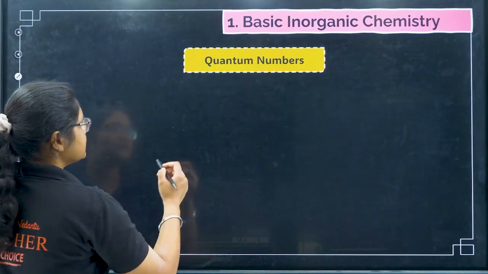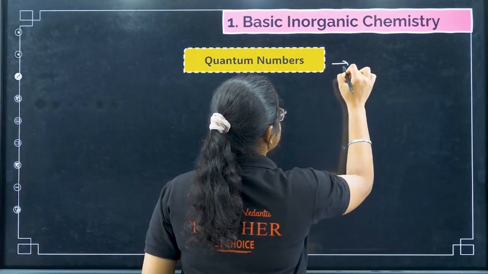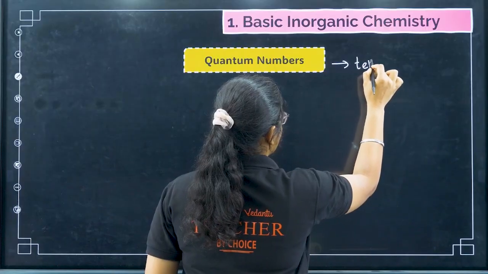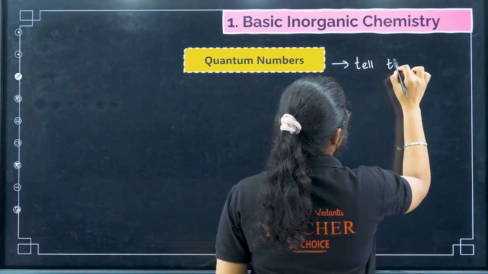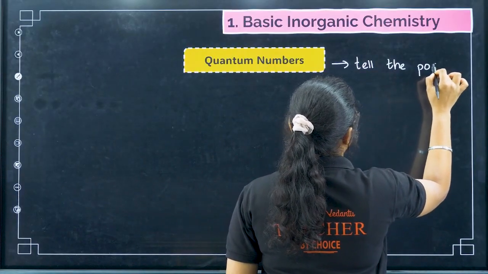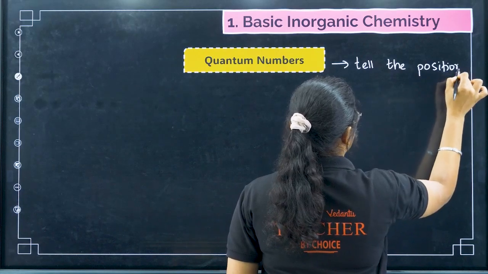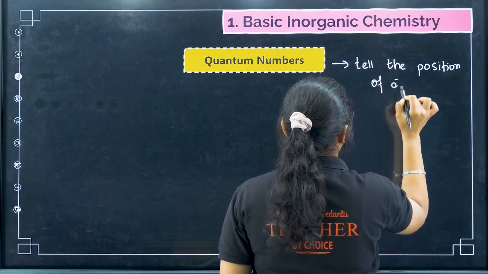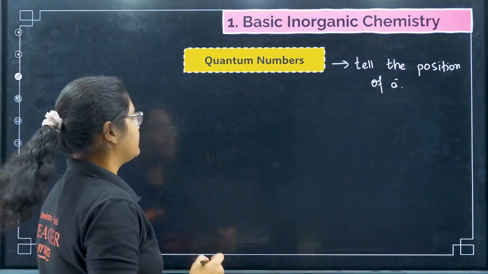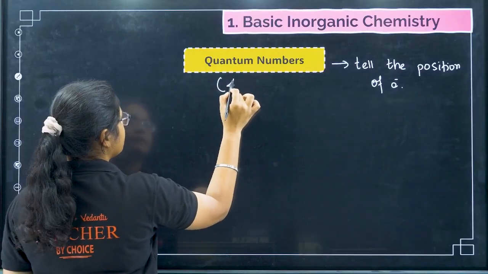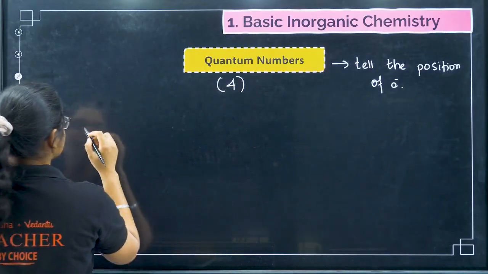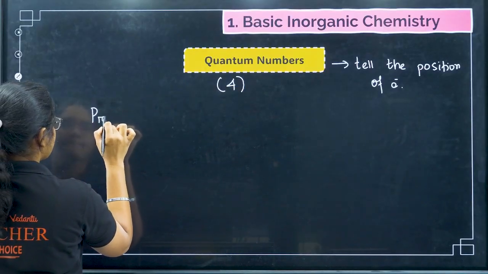Now quantum numbers, what are they? Quantum numbers are something that will tell you the position of electrons. There are basically four quantum numbers. What are they? The first one is principal.